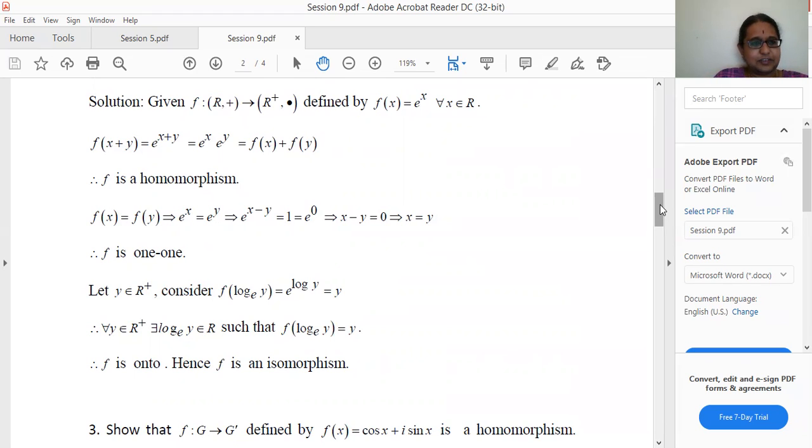E power x is equal to e power y can be written as e power x divided by e power y is equal to 1. In the denominator we have e power y. 1 over e power y is nothing but e power minus y. So in the numerator we will be getting e power x into e power minus y, that is e power x minus y is equal to 1.